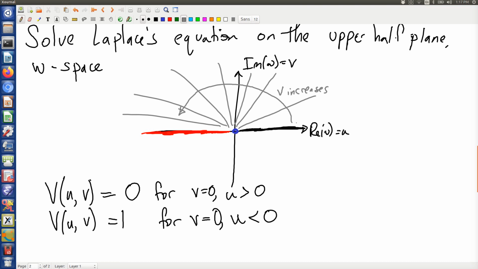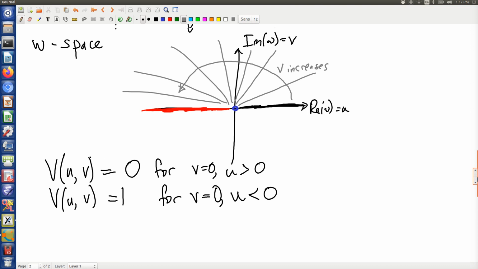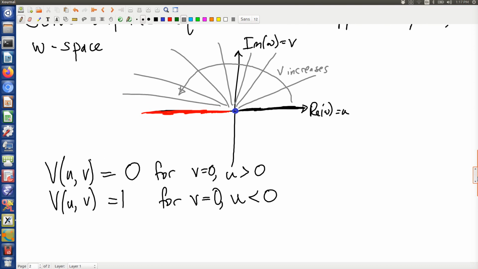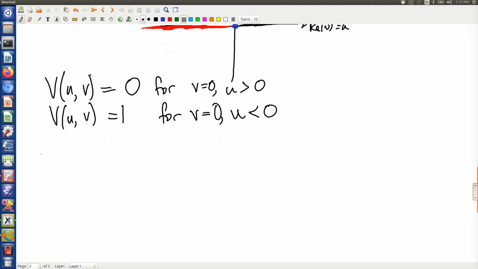Well, that looks pretty much like an angle function. What function that we know of will do that? Well, in fact, a little bit of moment's thought suggests that we're really dealing with a logarithm.